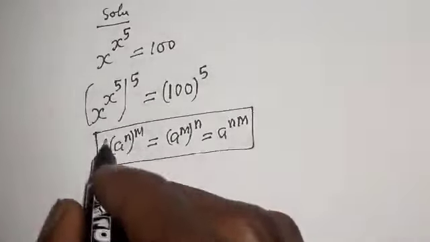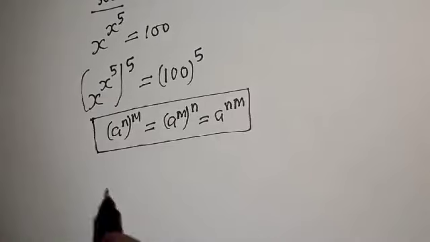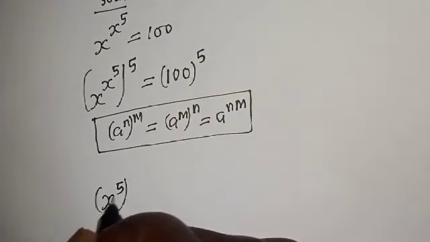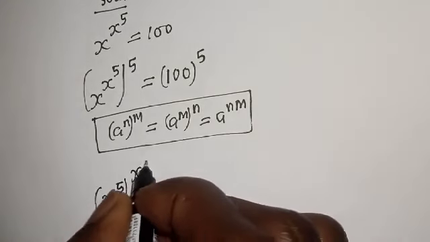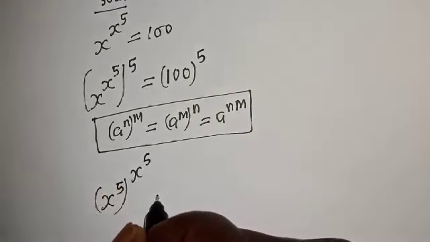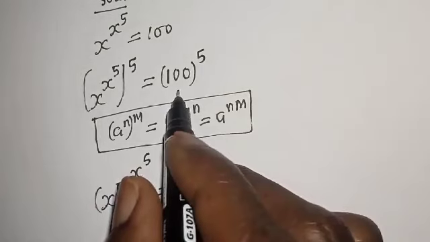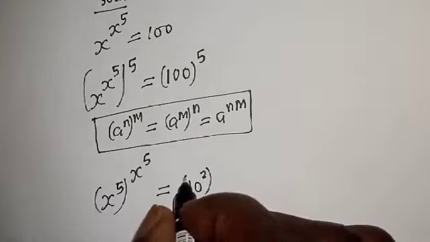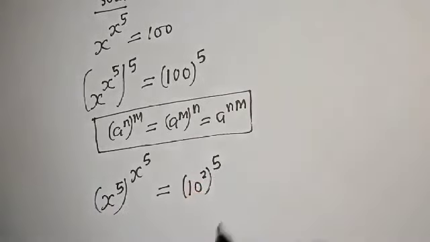Then s raised to power 5 to the power of s raised to power 5 is equal to 100 to the power of 5, which can be written as 10 squared to the power of 5.